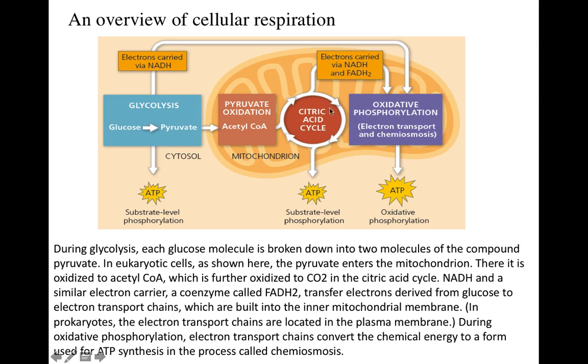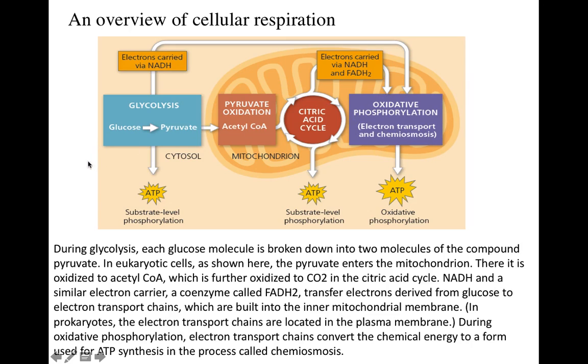From the citric acid cycle, we get two other molecules, NADH and FADH2. These are two electron carriers. They carry electrons from the citric acid cycle and transport them to the electron transport chain, where oxidative phosphorylation takes place. We will talk about this later.